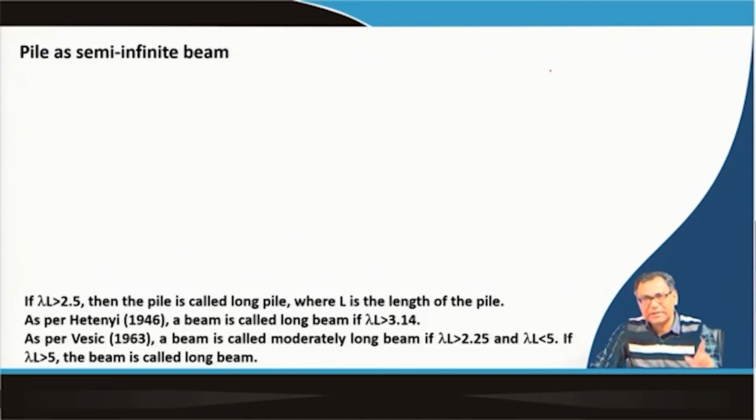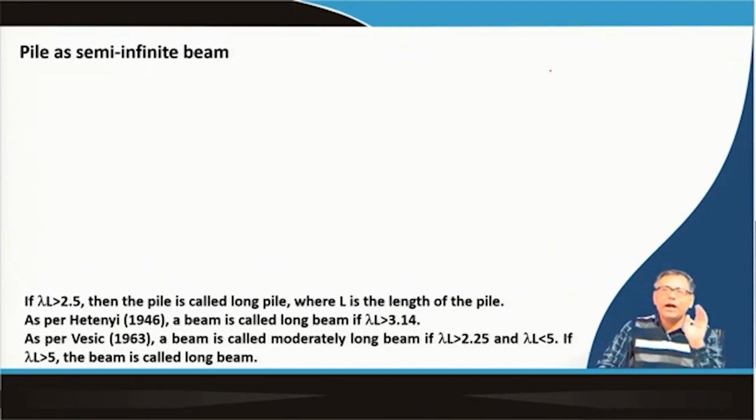But if it is less than that, then definitely you have to go for the pile as a finite beam. But in your finite beam case, this lambda L value is given up to 5. So, if it is greater than 5, definitely you have to go for the pile as a semi infinite beam. So, what does it mean?